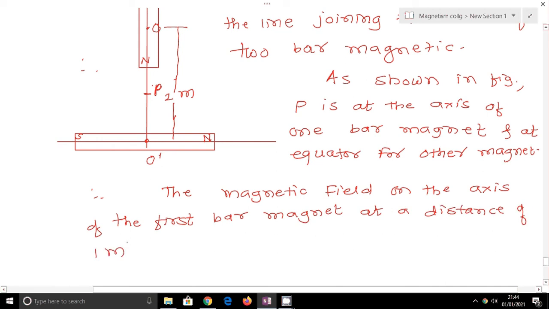Point P is the midpoint, so at a distance of 1 meter from the center.